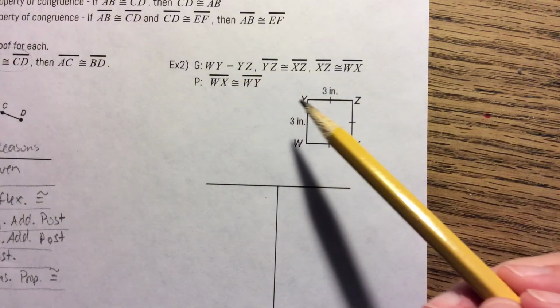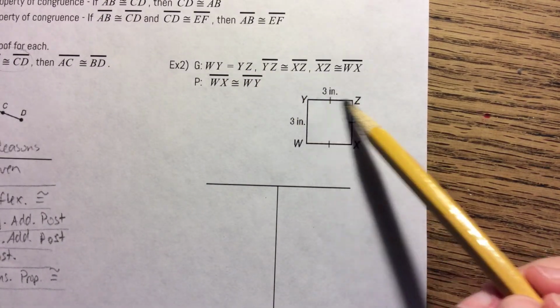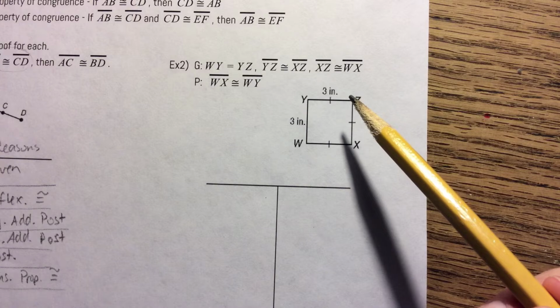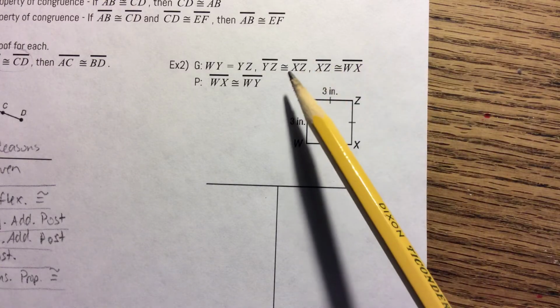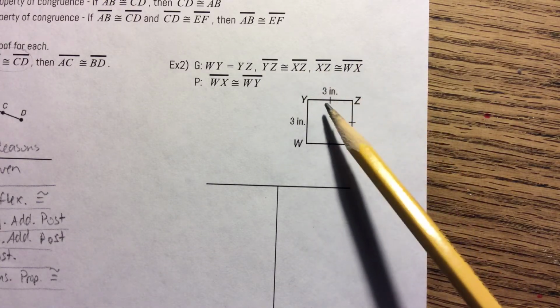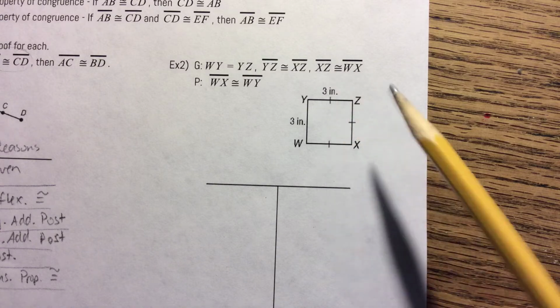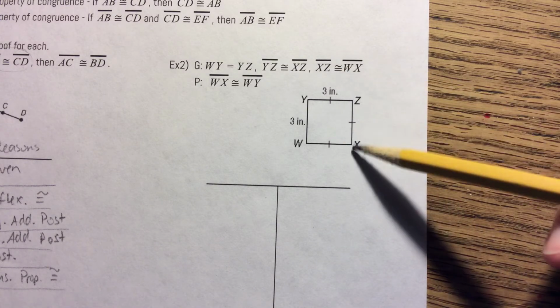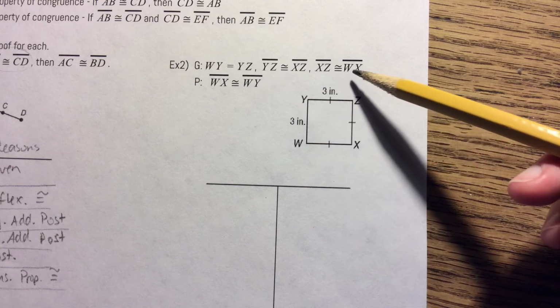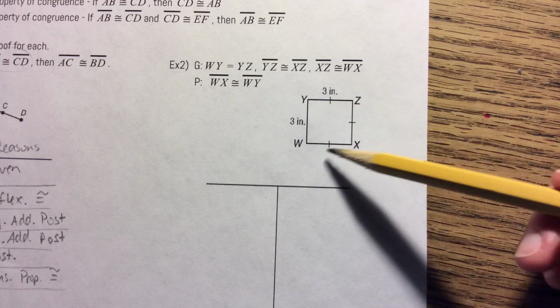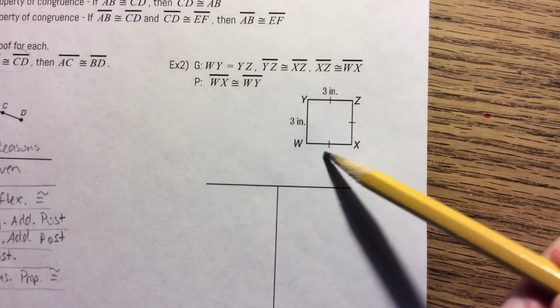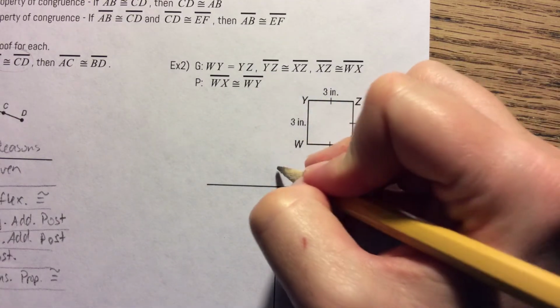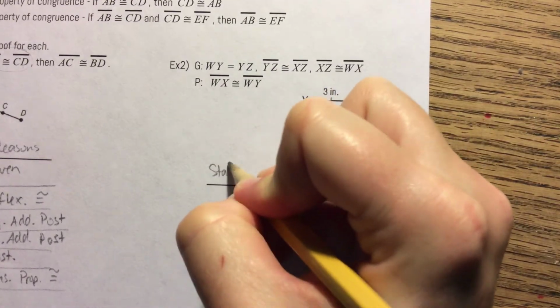We are given that WY and YZ are equal to each other, so that would mean that they're congruent. We have YZ is congruent to XZ, which is over here. And XZ is congruent to WX. And we want to prove that WX is congruent to WY. So first, statements and reasons.